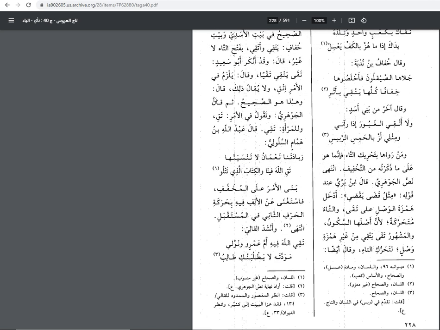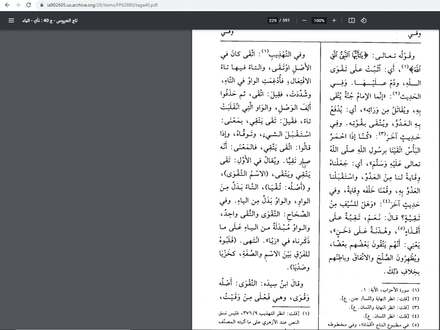Here we have a reference to al-Jawhari. Al-Jawhari is the author of a dictionary called the Sihah. So here, al-Zabīdī is referencing another dictionary, the dictionary of al-Jawhari. Here we have الاسم التقوى. So remember, this is taken from القاموس المحيط. الاسم التقوى وأصله تقيا.